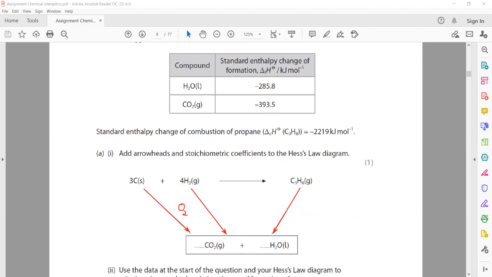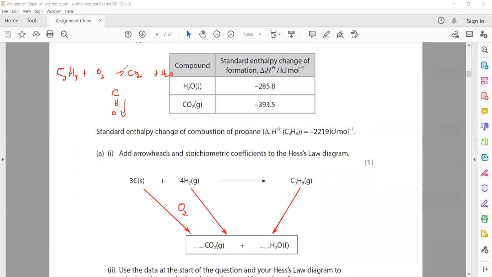Simply, if you want to balance the equation for combustion, we have C3H8 reacting with oxygen to give carbon dioxide and water. To balance the combustion equation, we start with carbon, followed by hydrogen, and at the last oxygen.